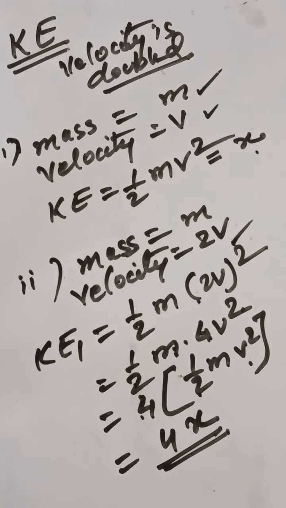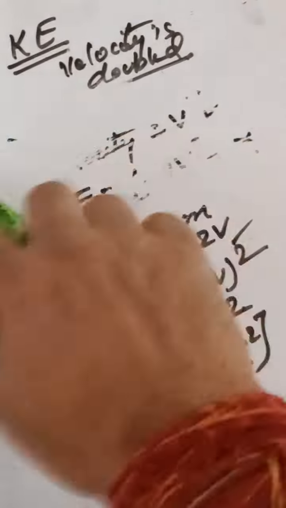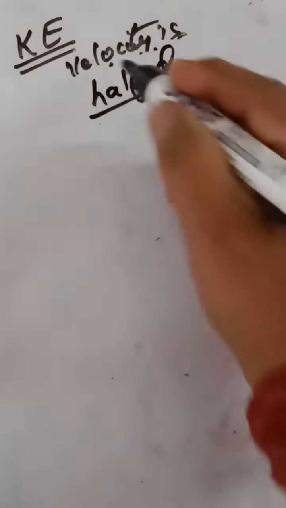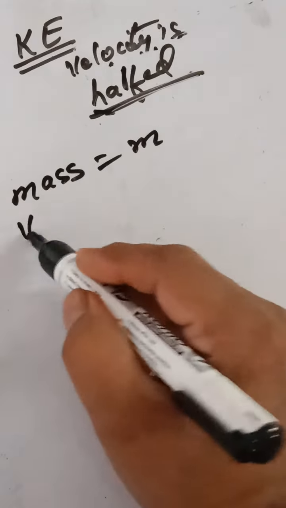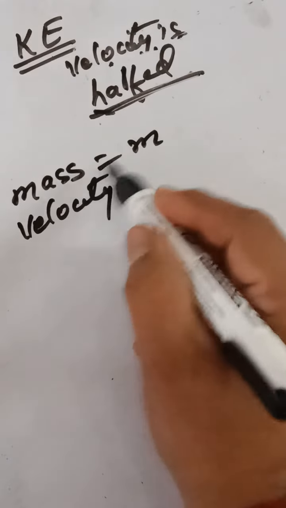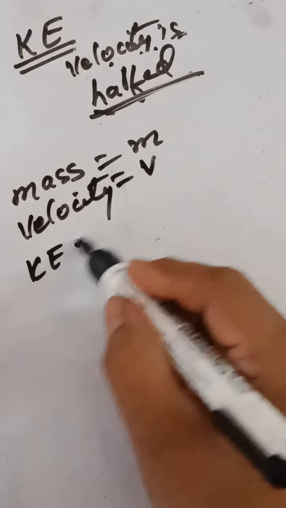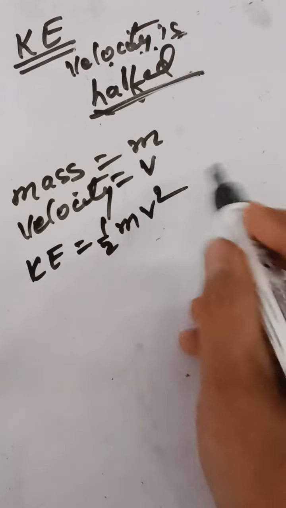Now again let us see what happens when velocity is halved, or however the spelling may be. Mass is equal to m, velocity is equal to v, then kinetic energy will be half mv square.